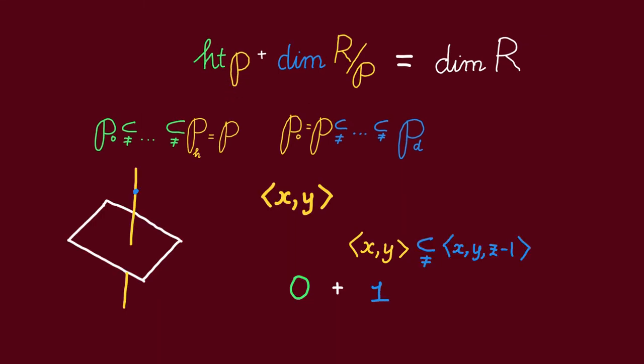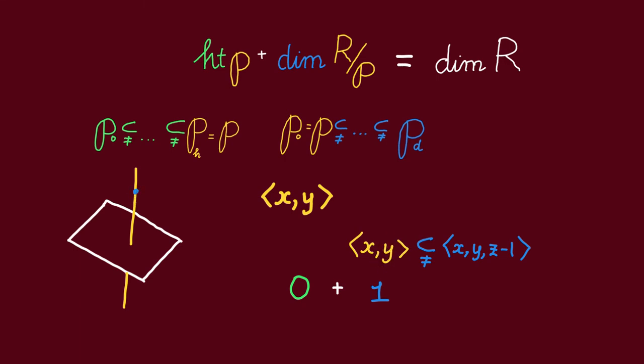Similarly, if we let P be the ideal corresponding to the z-axis, then the height of P is 0, i.e. codimension of P is 0 because the variety corresponding to P, the z-axis, is not strictly contained inside any bigger irreducible component. On the other hand, dimension of R over P is going to be 1 because the z-axis strictly contains a point.